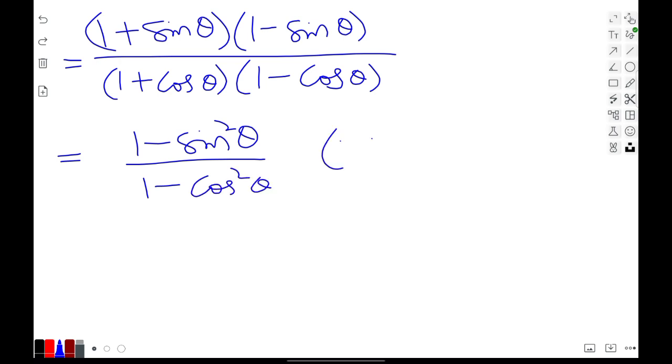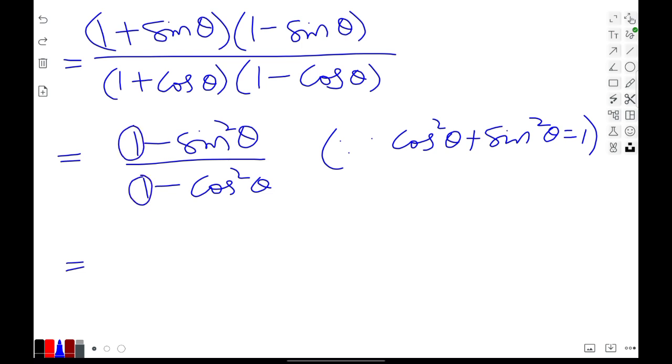Since we have an identity, that is cos square theta plus sin square theta, or sin square theta plus cos square theta is equal to 1, right? Can I use that identity over here in place of 1? Can I replace 1 with sin square theta plus cos square theta? Yes, I can. That is cos square theta plus sin square theta minus sin square theta.